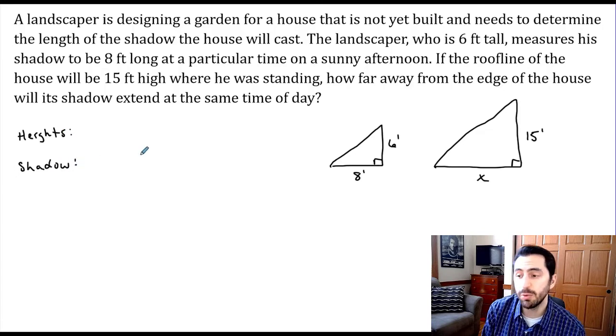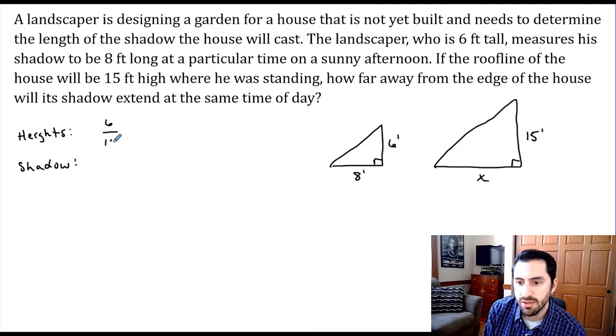Now again, multiple ways we can set this up as long as we're being consistent. So let's do the height of the landscaper divided by the height of the house, so 6 over 15. So 6 feet, 15 feet. And now when I set up a ratio for the shadow, I did the landscaper over the house, so I'm going to do the same thing here.